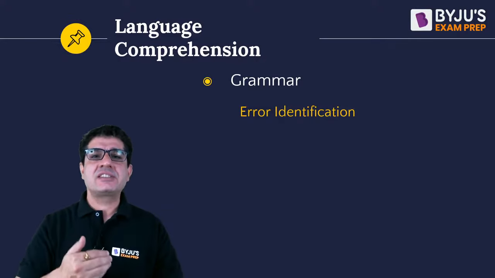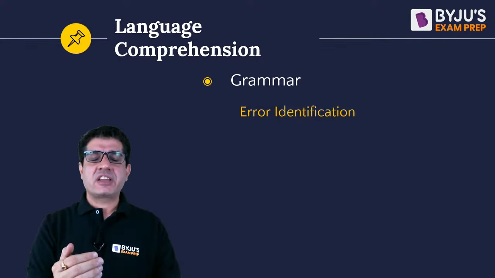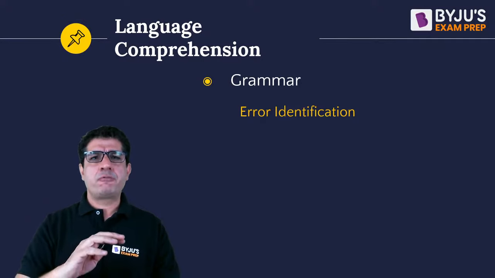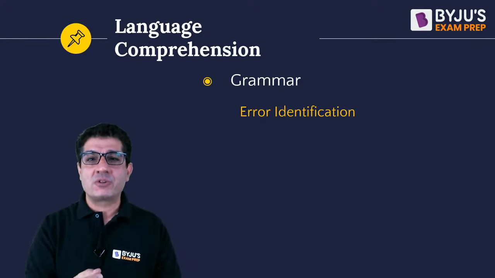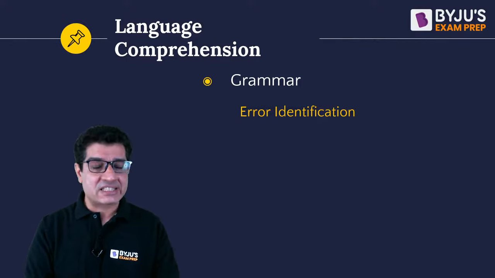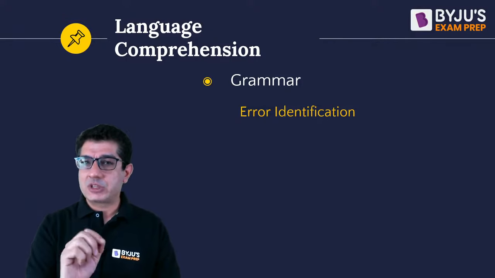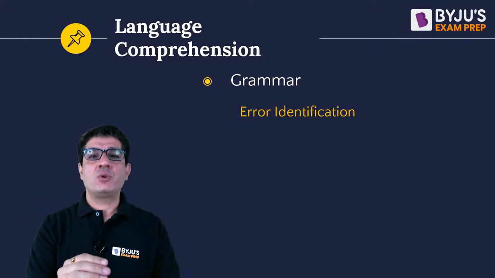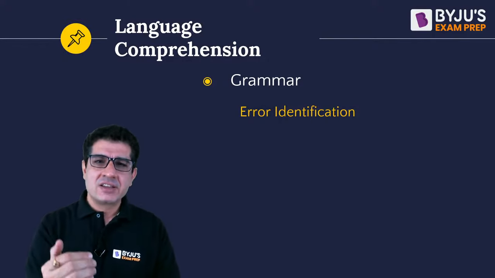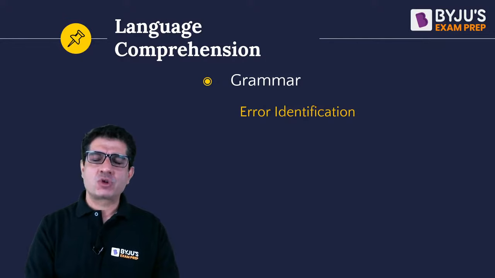They can ask error identification questions from us in 4 different ways. But at the end of the day, it all boils down to your ability to look at a sentence and figure out whether it is grammatically correct or not, and in case it is incorrect, which part. So let us dive into those 4 varieties that the examiner puts us through to test our ability to identify grammatical mistakes.